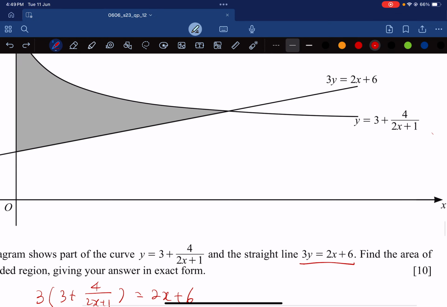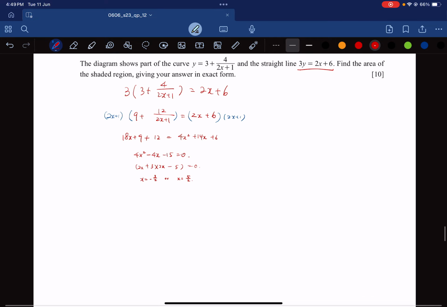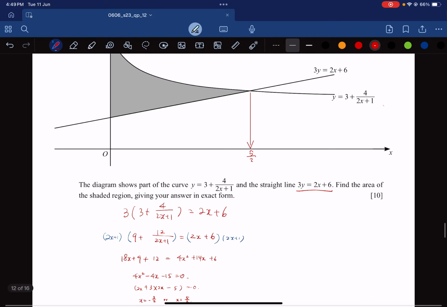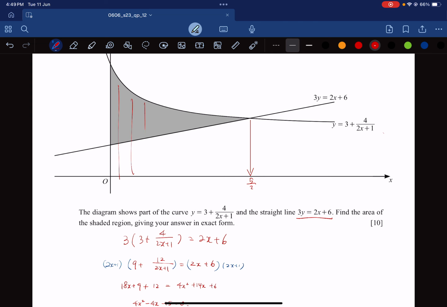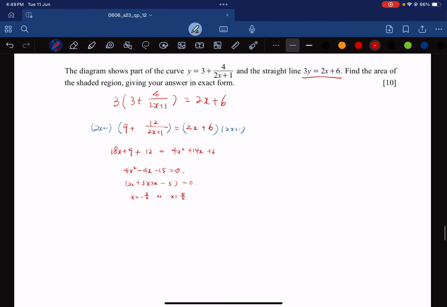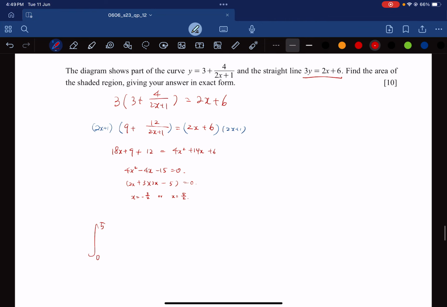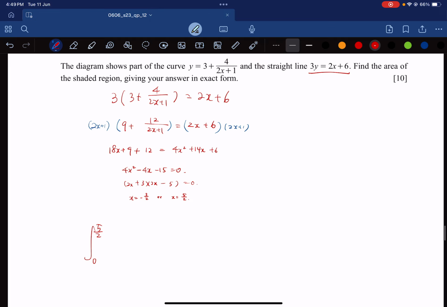So we should use 5 over 2, right? Obviously we should use 5 over 2, the positive one. Okay, so find the area of the shaded region. So the area of the shaded region is the area under the curve from 0 to 5 over 2, right? Area under the curve means integrate.